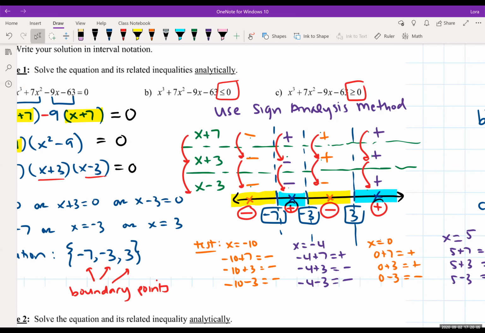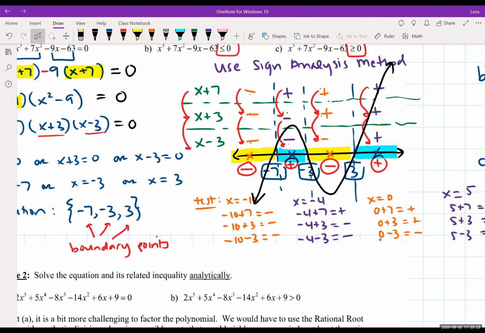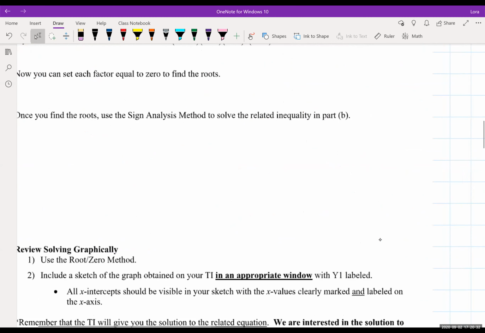You can see that we end up having the same idea, with the information from the regions of our sign analysis method also giving us a clue of what our graph looks like. So just in case your calculator gets taken away or you run out of batteries, you do have techniques to help you understand what the graphs look like.